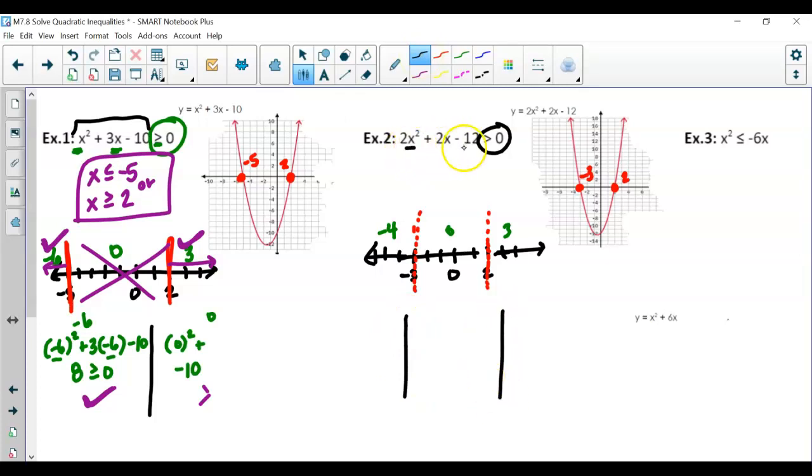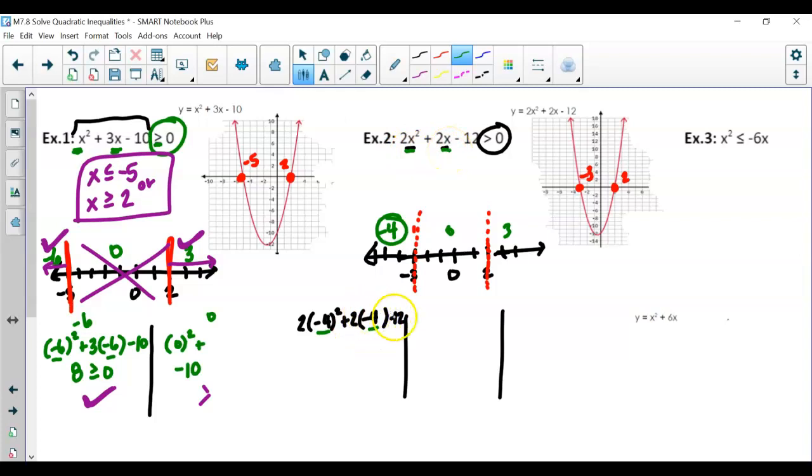So here plugging into x, 2 times negative 4 squared plus 2 times negative 4 minus 12. So again, we're plugging in the value negative 4 in for x.